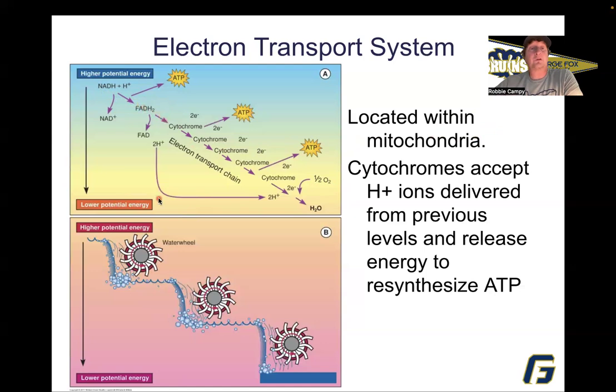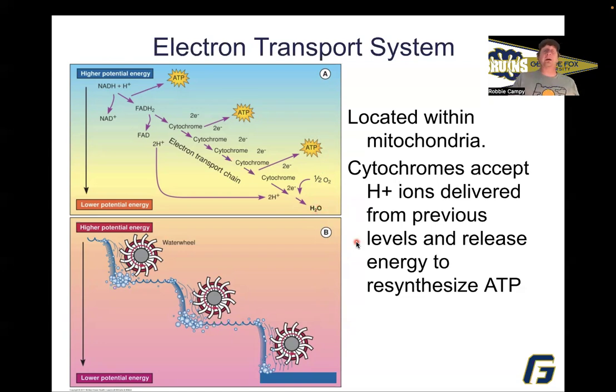Like a water wheel, we keep getting energy out of those, using that energy to remake ATP. And at the very end, when there's just about no energy left, we attach those hydrogens to some oxygen, and there's our waste product of water.